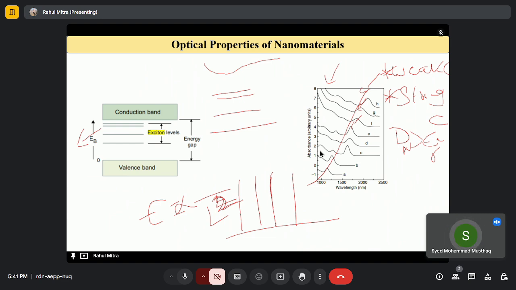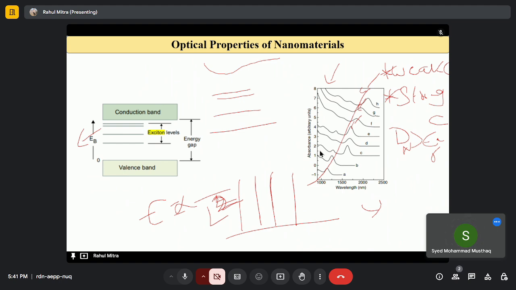And for strong confinement, the size of the nanomaterial is comparable to or less than the exciton radius, and because of that, the electron and hole are not correlated, right? The electron and hole become independent and they move freely inside the conduction and valence band without the binding of both of them, right?